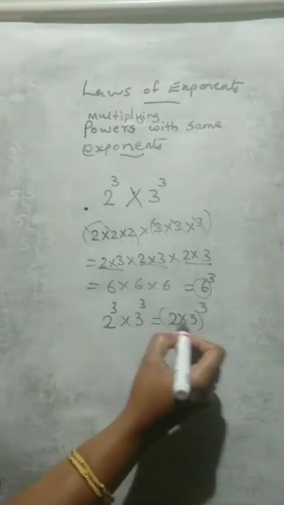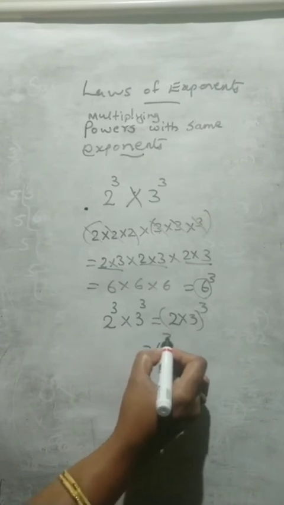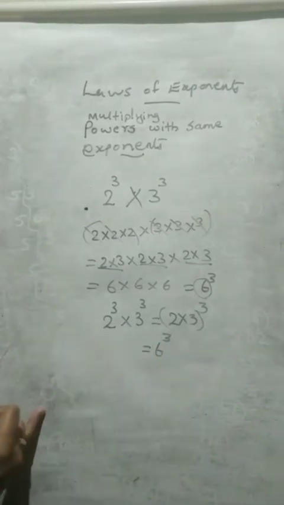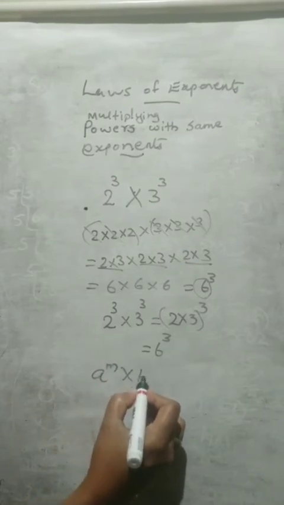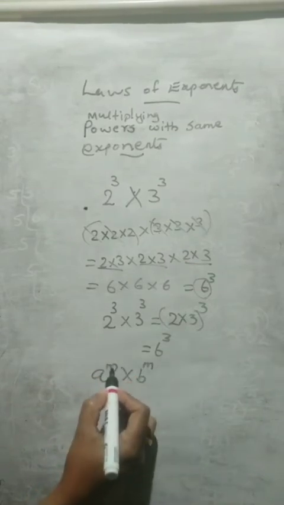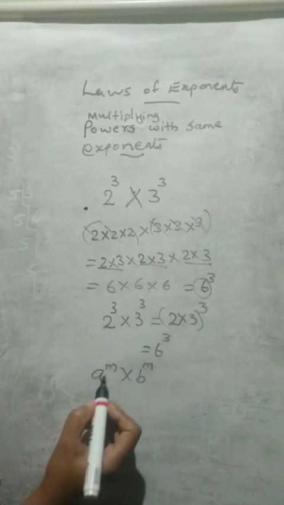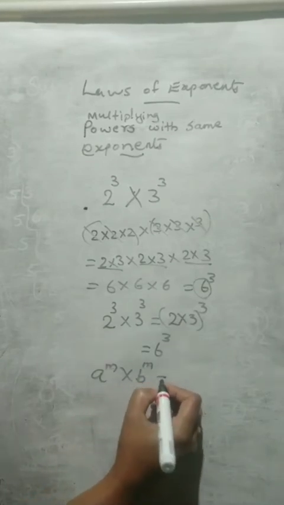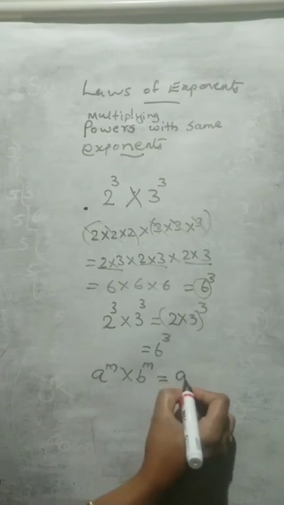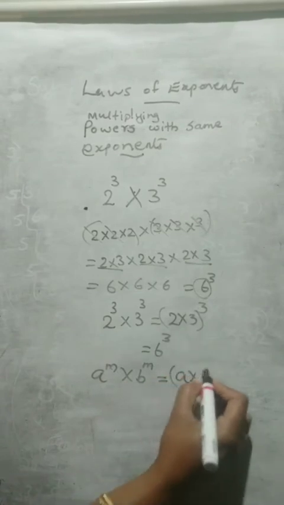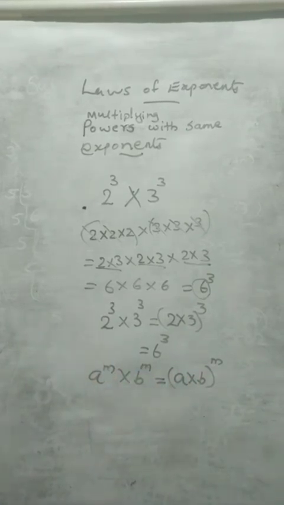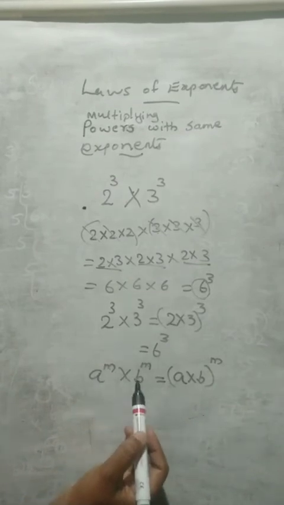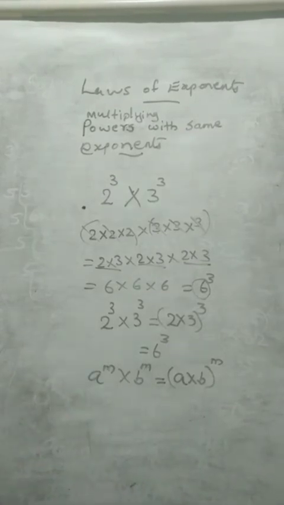That is 2 3s are 6, 6 raised to 3. Here one law is there: a raised to m into b raised to m. Exponents are the same, powers are the same. Then a times b. Multiply the base and write the same power.